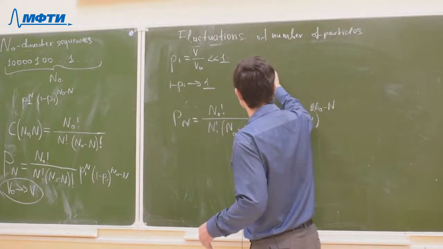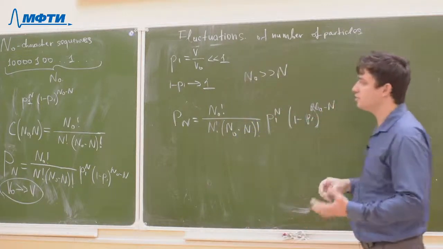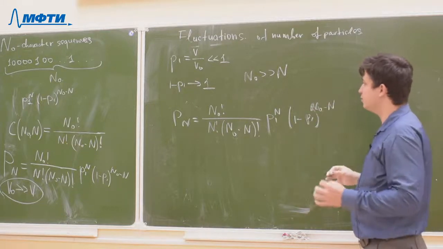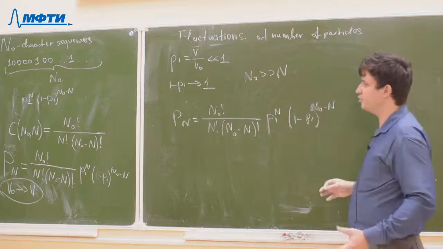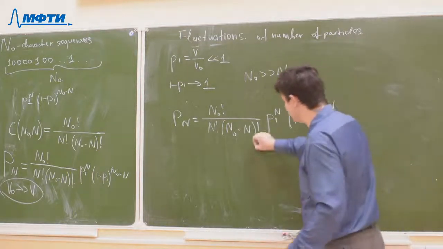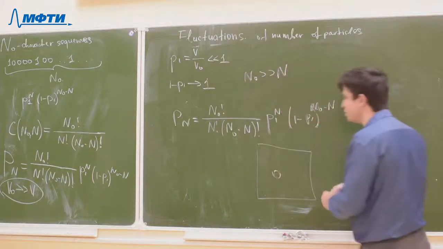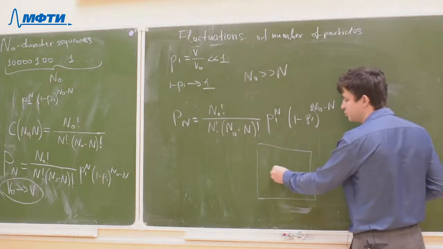I can say that n0 is much larger than n, because the number of particles in the very small part of the volume of the vessel would always be a very small part of the total number of molecules inside this vessel. It is almost impossible to achieve the situation in which a very small part of the vessel contains almost all of the molecules.